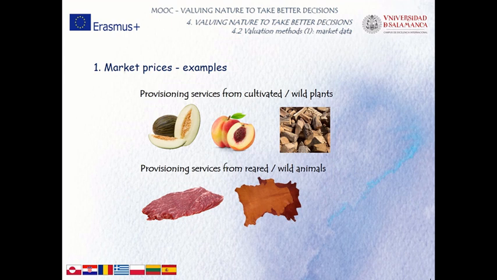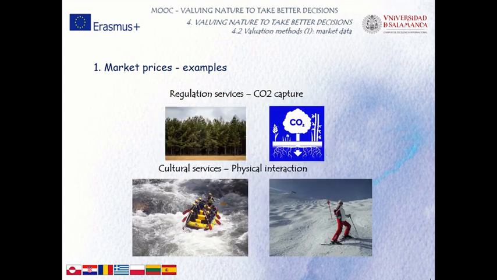We could assess the economic value of some ecosystem service by just assessing the price of some agricultural produce, the price of wood, timber, the price of meat for the provision of services from reared or wild animals. All this is easy to find in most places of the world, even using computers, so we don't need to go there to know the value of this produce.